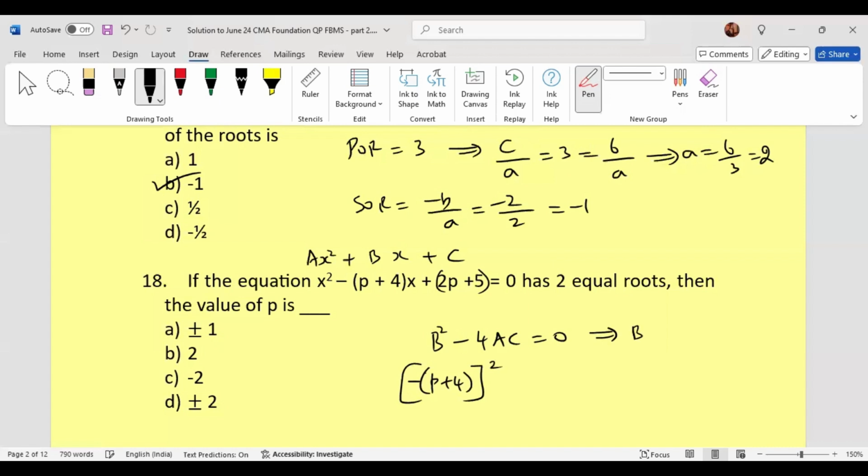Let us equate it to b square equal to 4ac. A is here 1, c is 2p plus 5. So this left hand side will be p square plus 16 plus 8p. Right hand side becomes 8p plus 20.